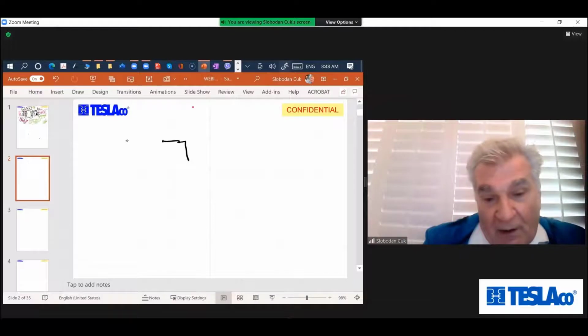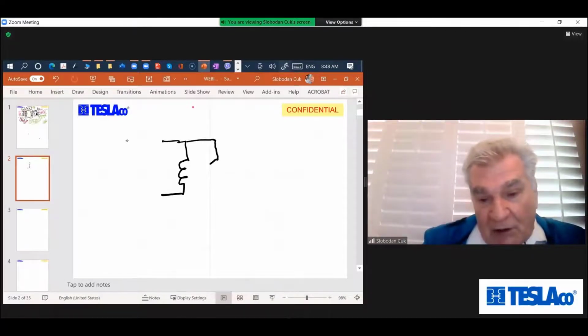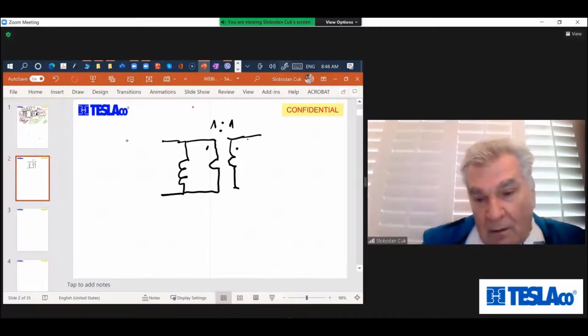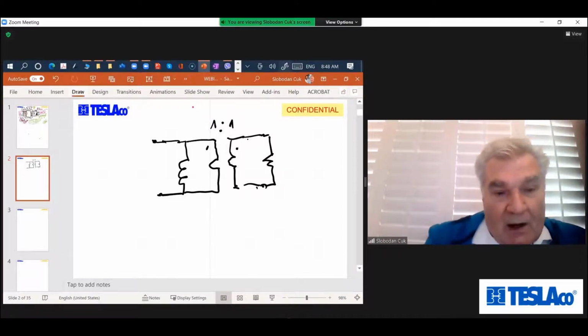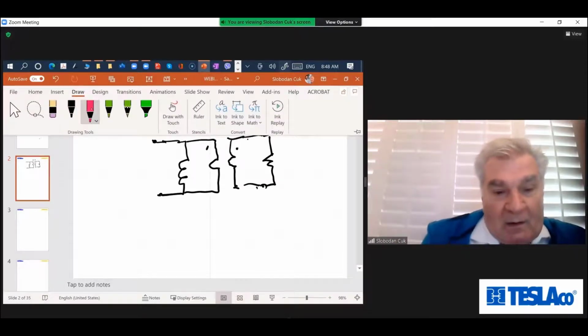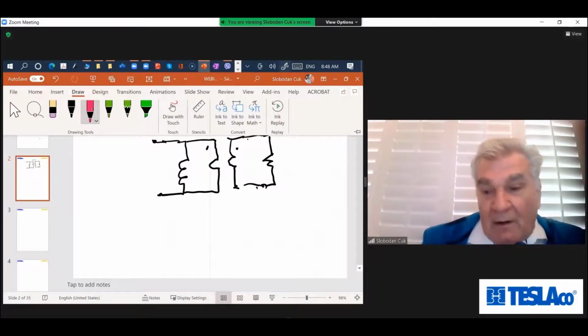Here is a transformer with the turns ratio. Let's call it 1:1, whatever it is. But let's drive it now with the square wave.